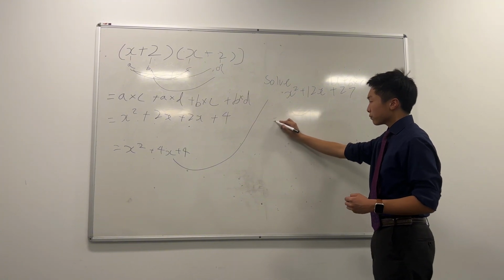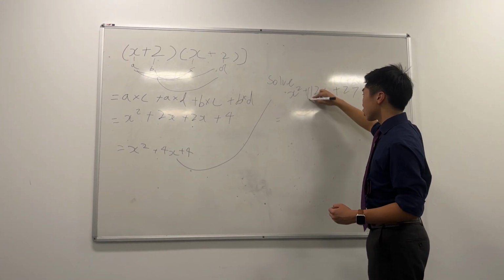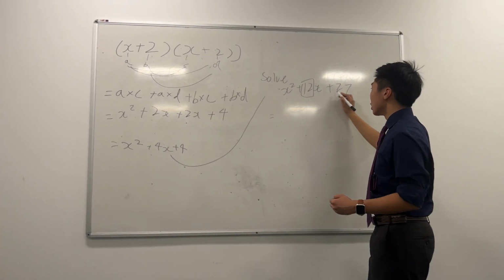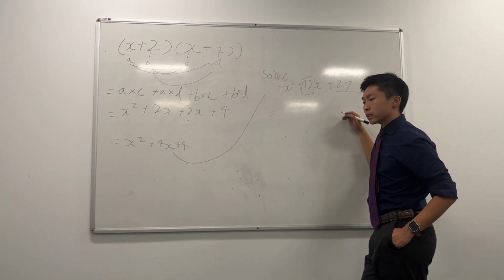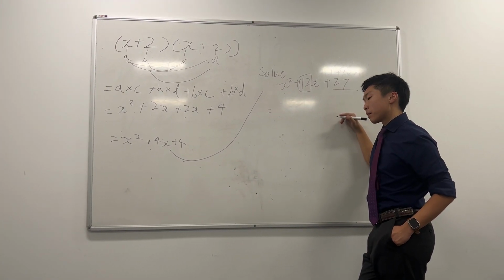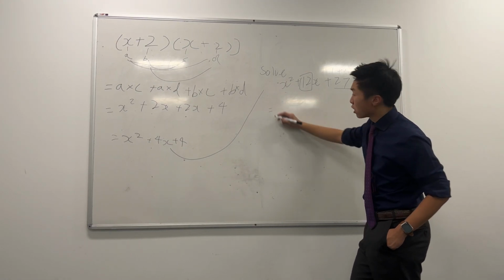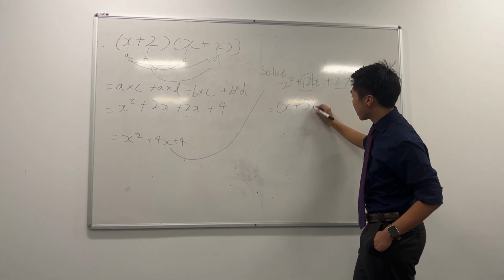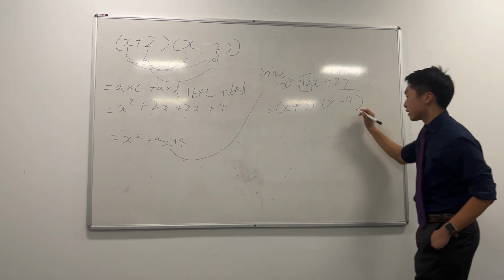So what you do is you find out what adds together to get 12 and what times together to get 27. So what do you multiply to get 27? We can try 3 and 9. 3 plus 9, 12. So what you get in your brackets is x plus 3 and x plus 9.